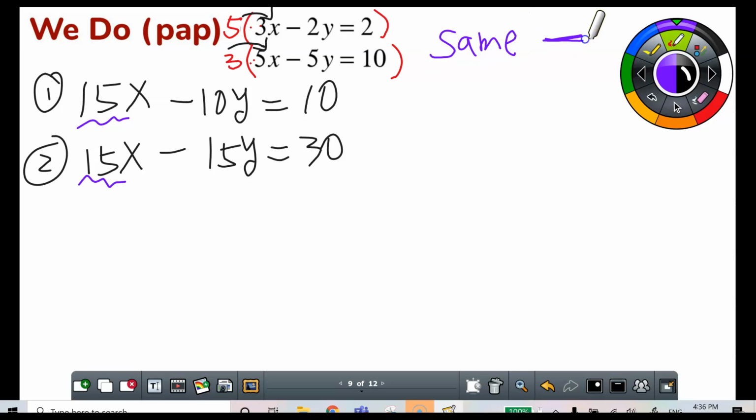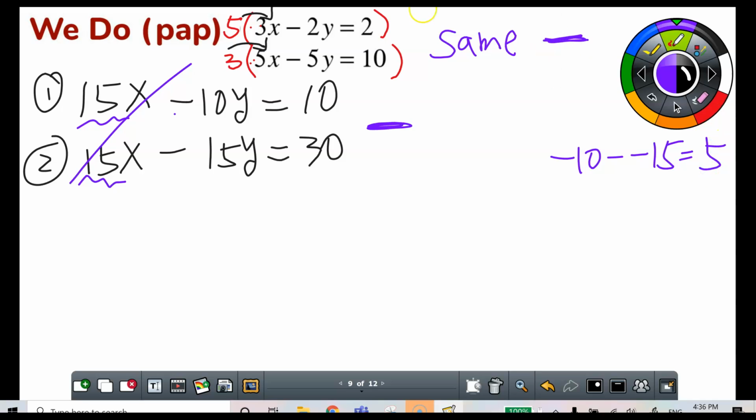So you're going to subtract the two equations to cancel out 15. Right? So subtract the two equations. 15 subtract 15, you eliminated it. Negative 10 subtract negative 15. You have double subtraction here, right?